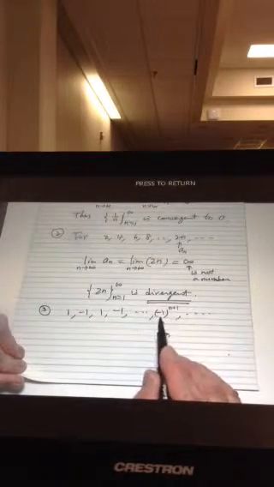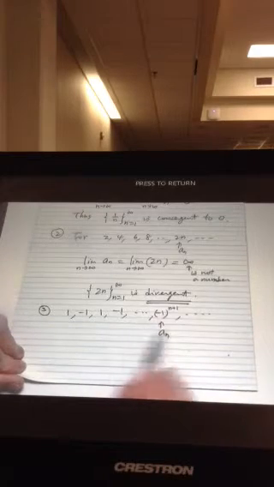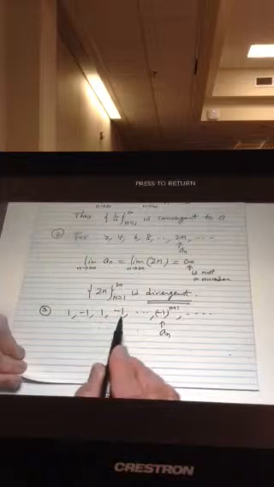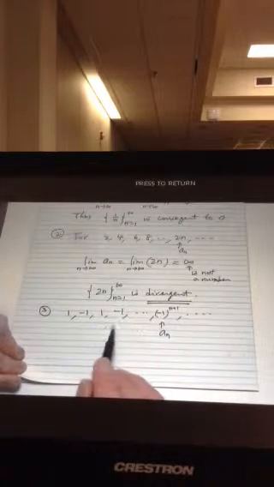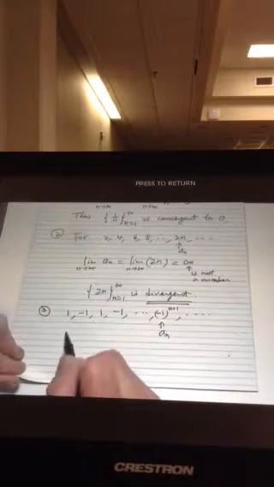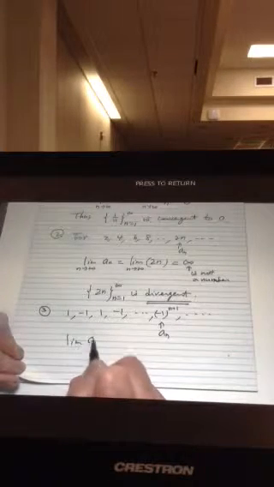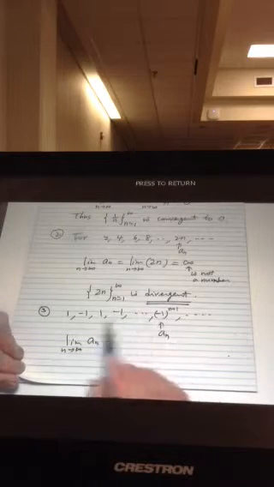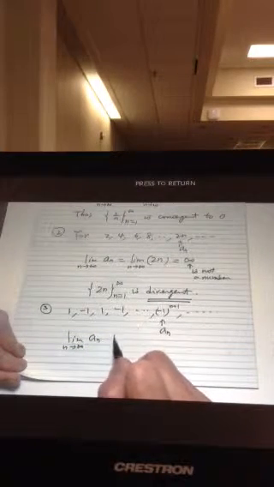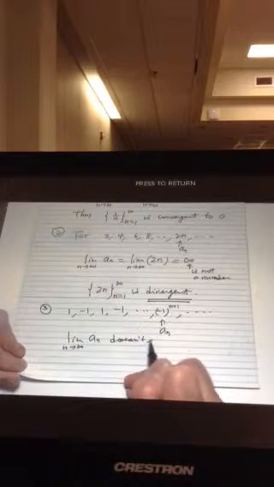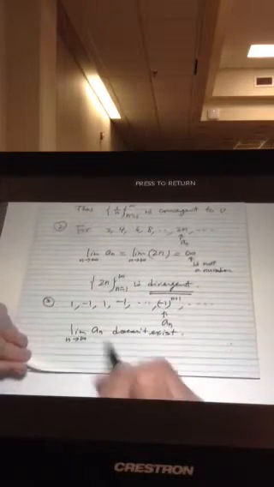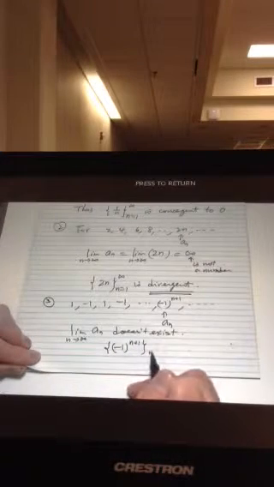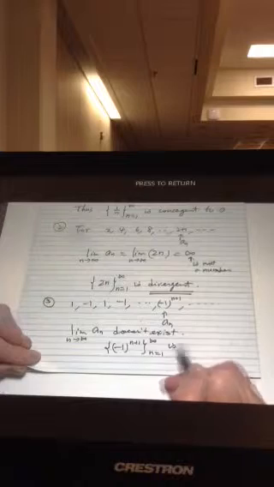When n is 2, negative 1 cubed is negative 1, and so on. So the nth term is alternating 1, minus 1, 1, minus 1. Now, does this one converge? Well, the answer is no. This sequence's limit is jumping between 1 and minus 1. So this limit doesn't exist, so this sequence is divergent.